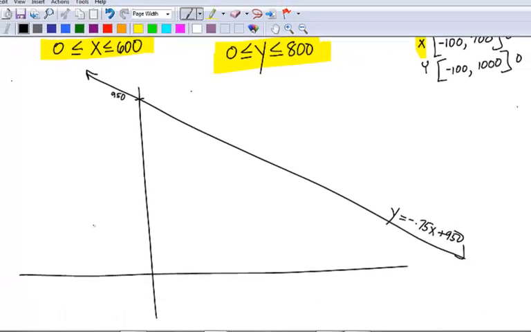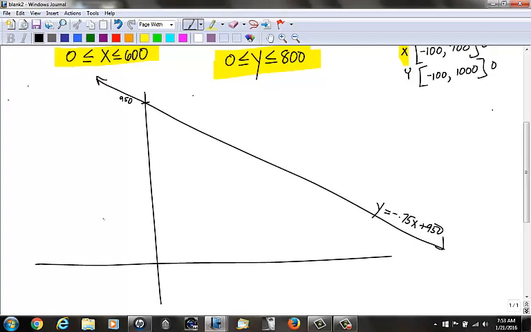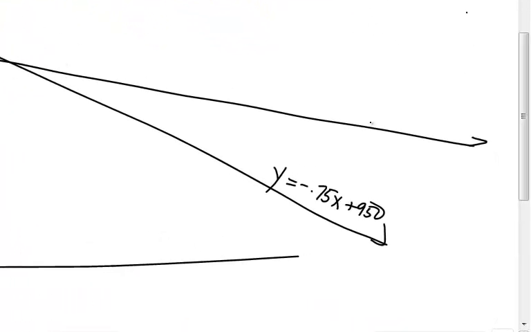Just graph that other one for a minute so you can see it. So it went below and crossed, something like that. And that was our y sub 2, the negative 0.25x plus 825.